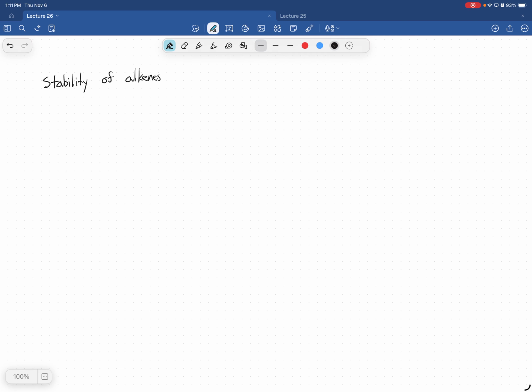All right, so we answer the question: which of the following compounds is most stable?